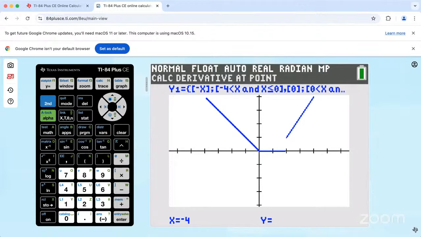And so it's always going to give priority to the left-hand boundaries.